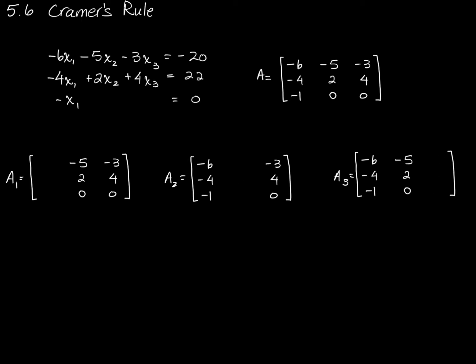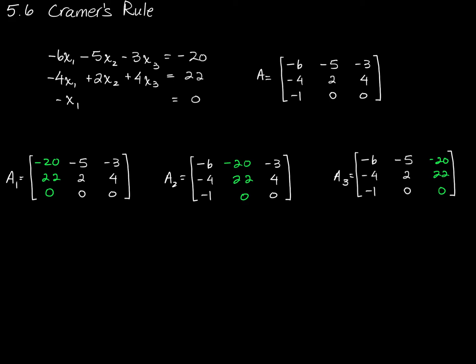And in A3, I'm going to remove column 3. And I'm going to replace those columns in each case with the values from the constant column, which is -20, 22, and 0. -20, 22, and 0 in each case.